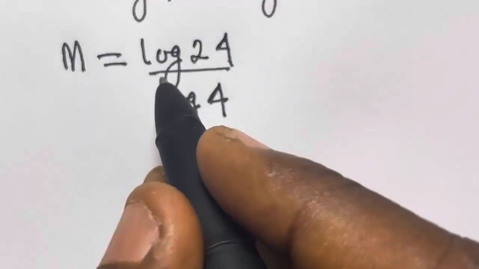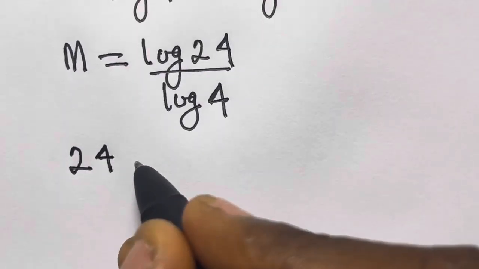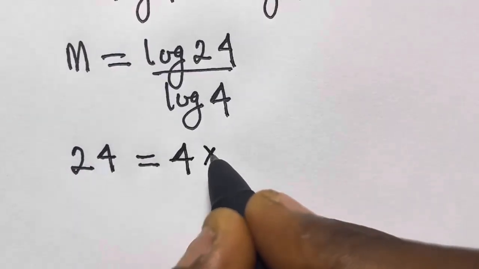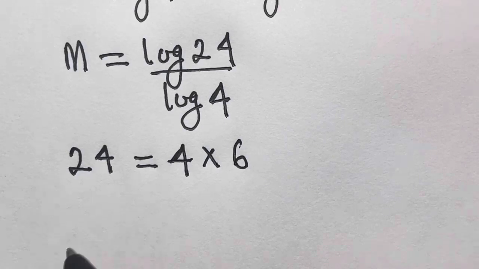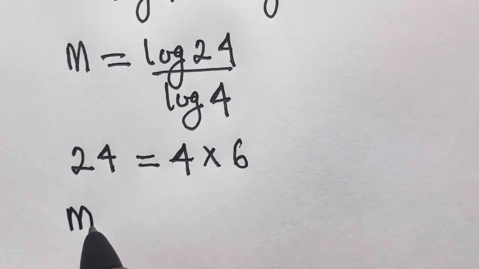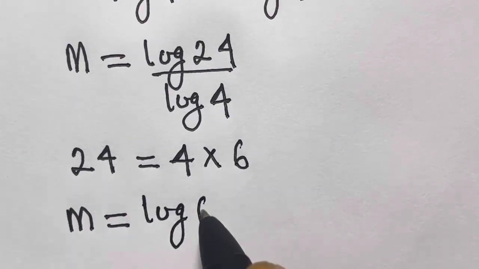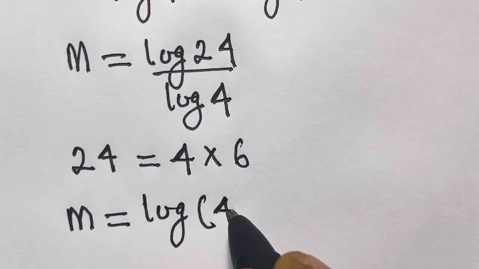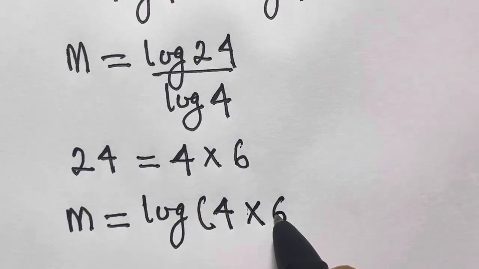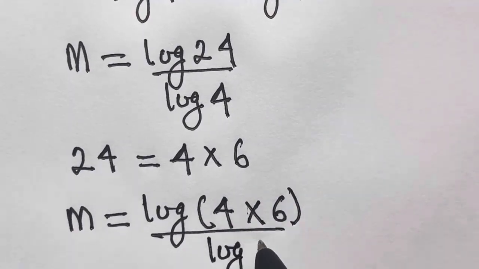So here we can express 24 to be equals 4 times 6, right? If we do, we are going to have m equals log of 4 times 6, divided by log 4.